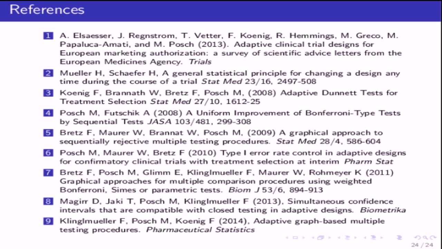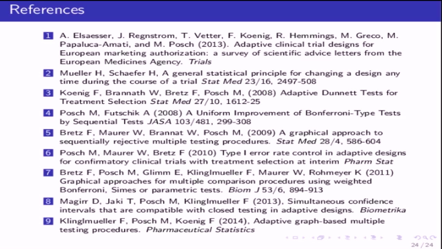Because if your estimates are not stabilized, if you have a lot of bias, then even using AR doesn't help you. The reason we want to use AR is for the ethical reason. We want to have more patients treated by the better treatment arm. So that's basically the whole point.